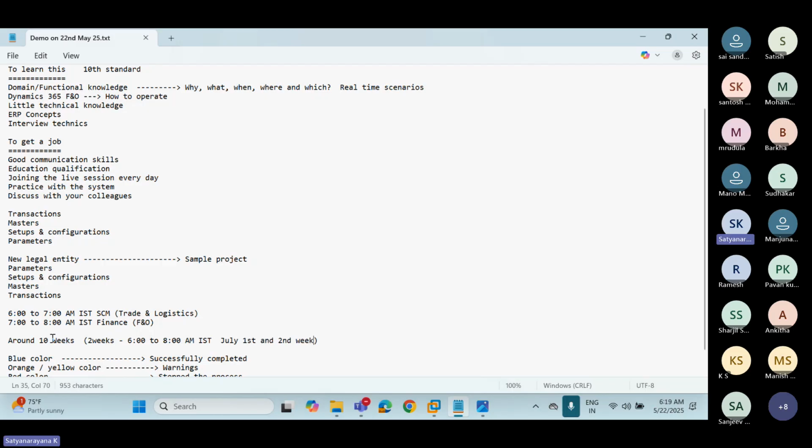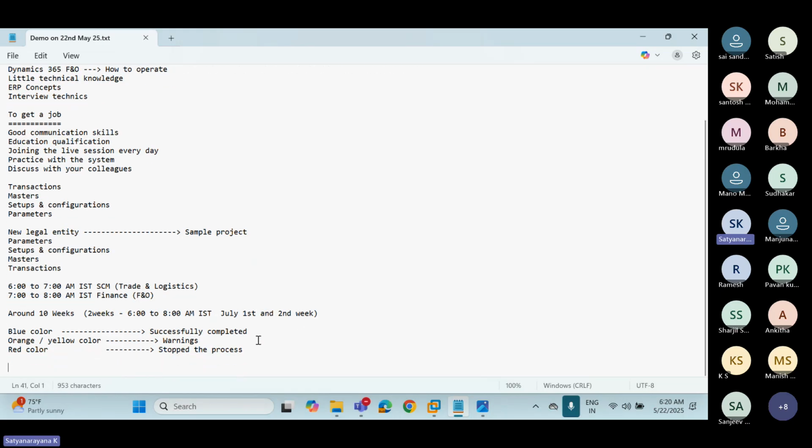Not now. I will combine both batches then. So 4 to 5 weeks will be 1 hour, around 2 to 3 weeks will be 2 hours, and the next 3 to 4 weeks will be 1 hour. This is the session timings.